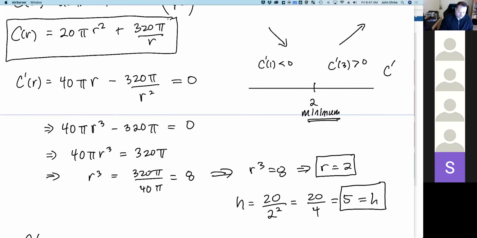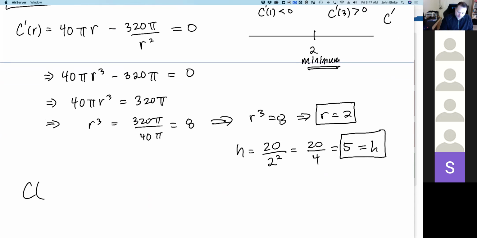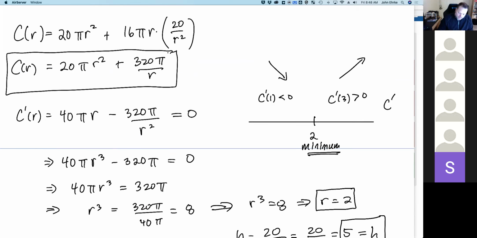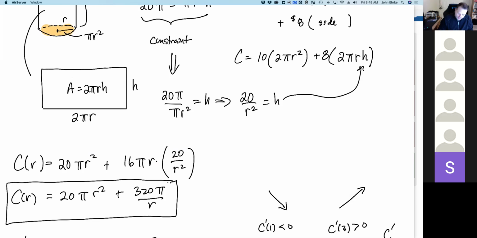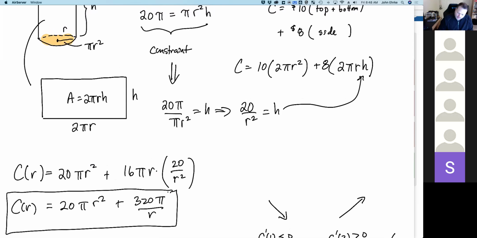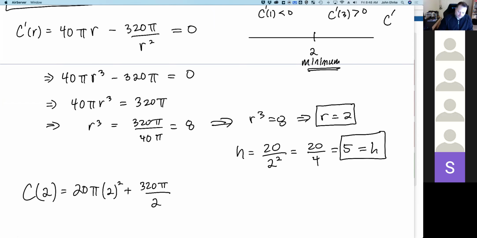So the cost function we have of a radius 2 is 20 pi r squared plus 320 pi over r. So let's double check here. Okay.